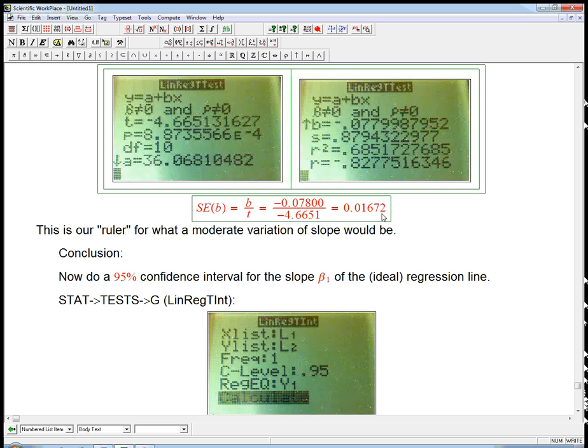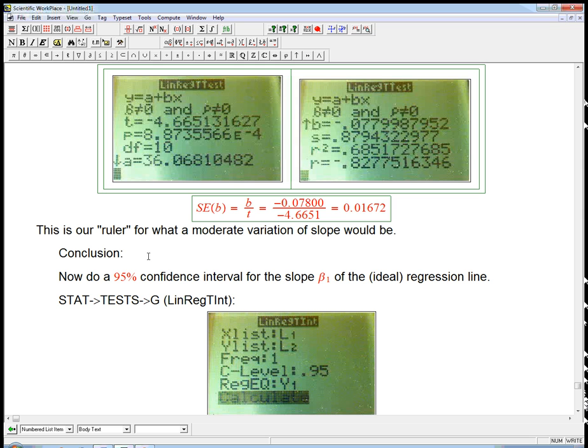And so that's a pretty small variability compared to the B we actually got. That's another way to say that this is probably meaningful. It's probably meaningfully different from 0. We got a slope that looks different from 0, and it's probably not random because of the comparison with the standard error, or in other words, because of the T value.